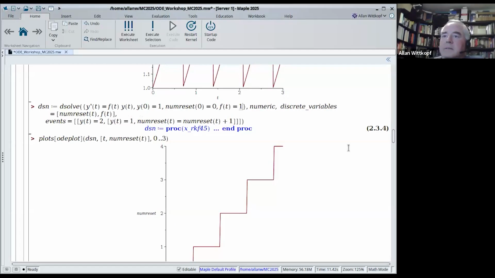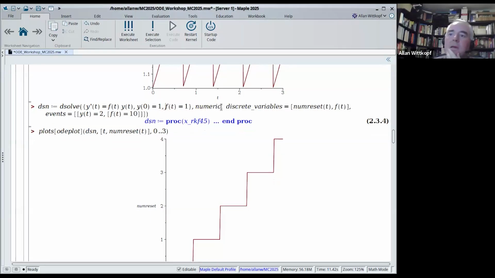We'll start it at 1. And we're going to change this around to say, okay, when y of t is 2, instead of doing this, we're going to set f of t to 10. All right, let's make sure I've done that right. So we start off at a frequency of 1. We don't need num reset anymore because I've gotten rid of it.